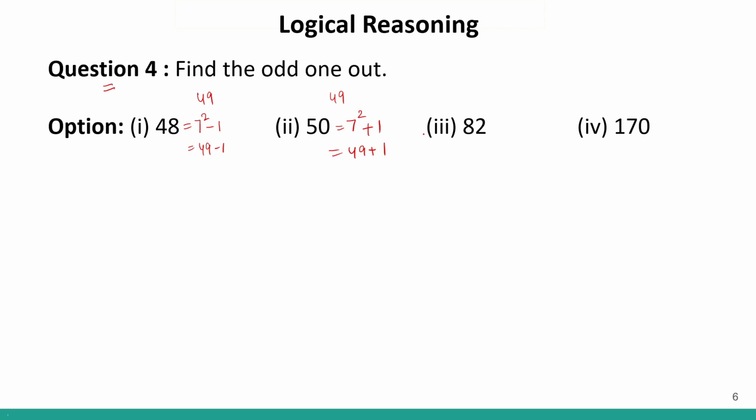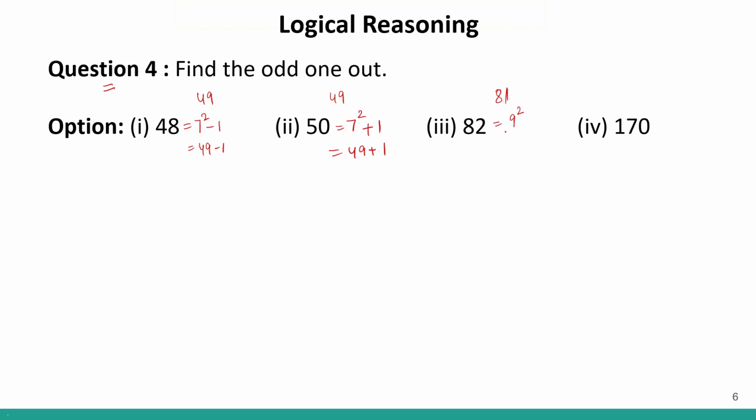Correct? Now, if I look at 82, the closest square is 84. Correct? Sorry, 81. The closest square for 82 is 81. And 81 is what?